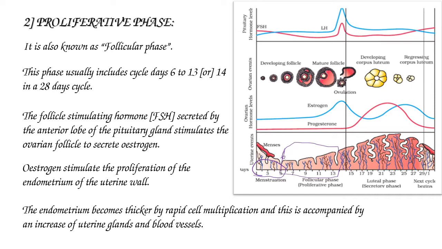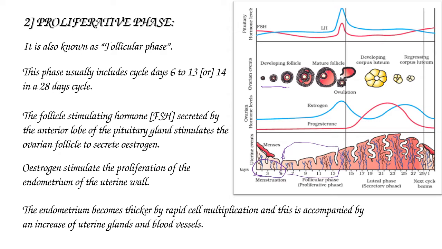Now the follicle stimulating hormone is a gonadotropin hormone produced by the pituitary gland. It stimulates the ovarian follicles, the follicles present in the ovary. These follicles are stimulated by the follicle stimulating hormone, and they start to grow and multiply to increase their number.